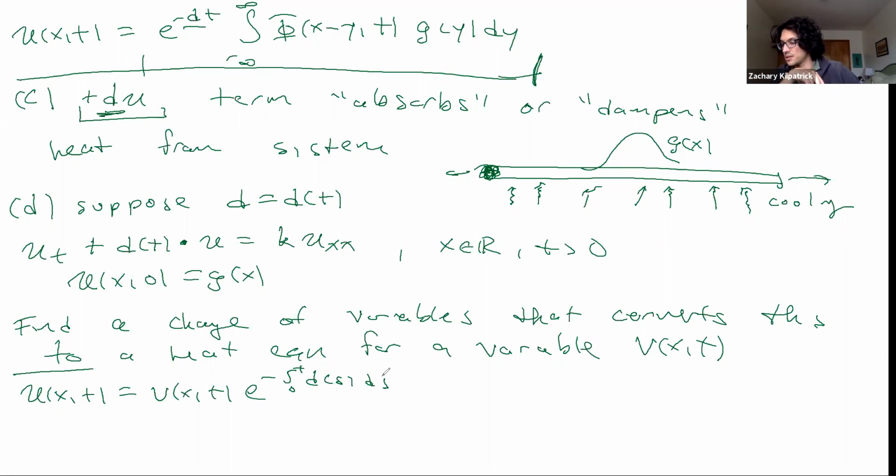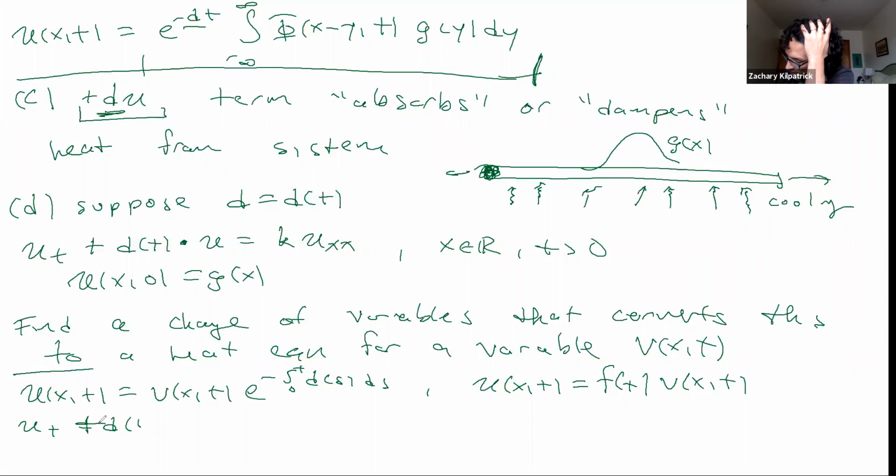So one way to derive this, if I wanted to write this down more generally, is I could say I want to write u of x,t equals some unknown function, and I haven't claimed the function f yet, so let's just call that f of t, times v of x,t, such that u sub t plus D of t u is equal to just v sub t, right?